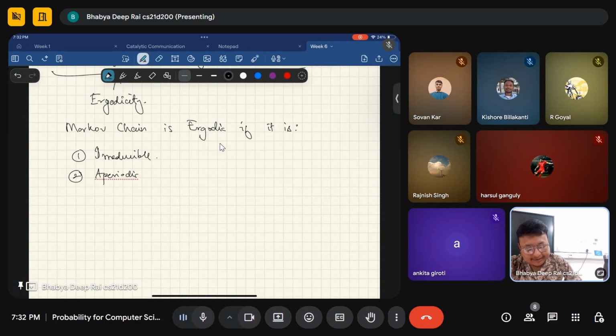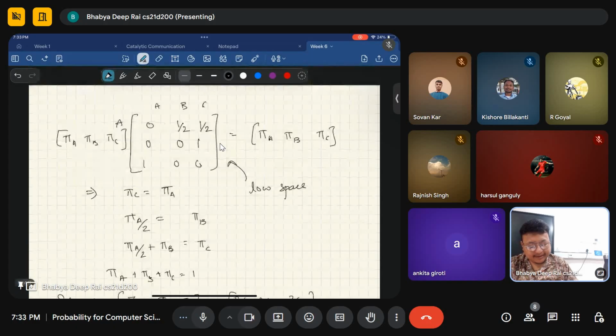This is a simpler thing to explain. This is that all states are reachable from every other state. For example, look at this Markov chain.